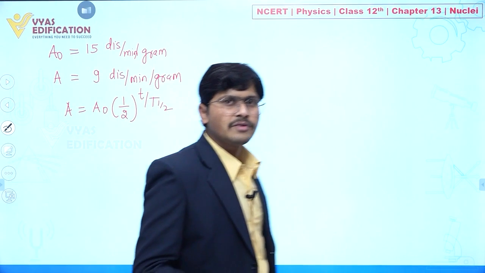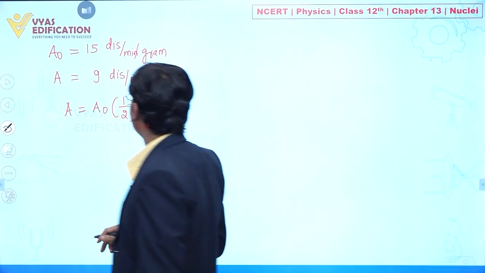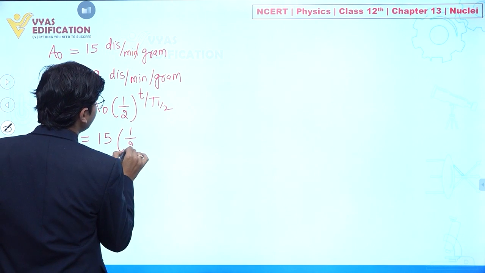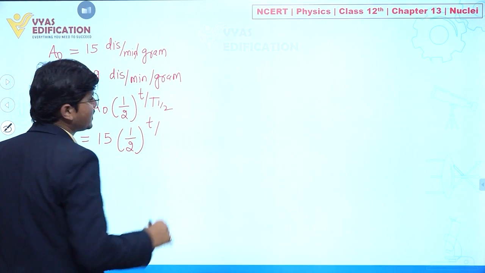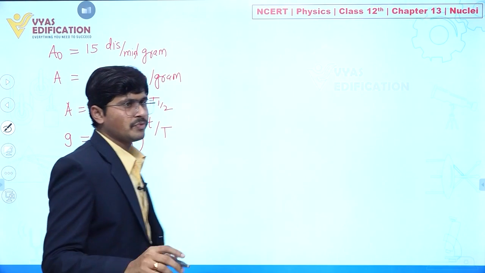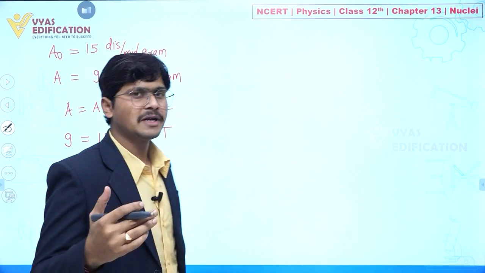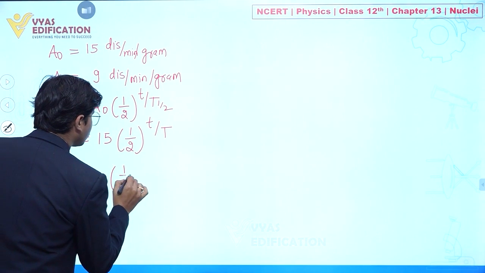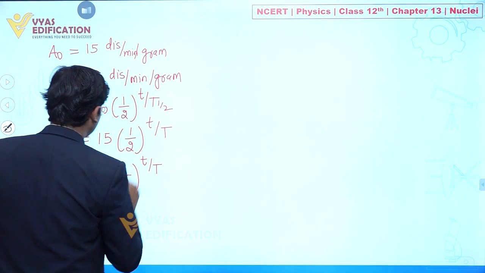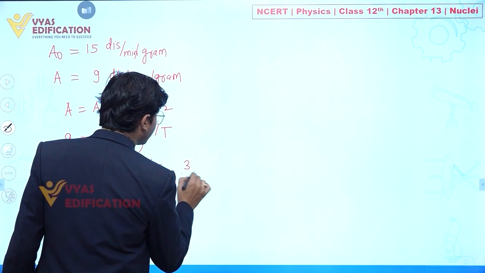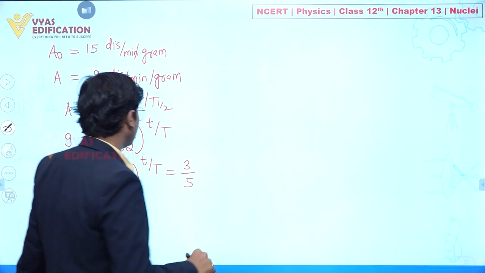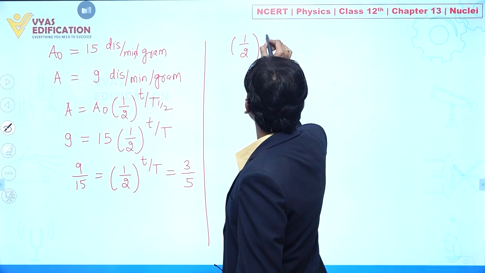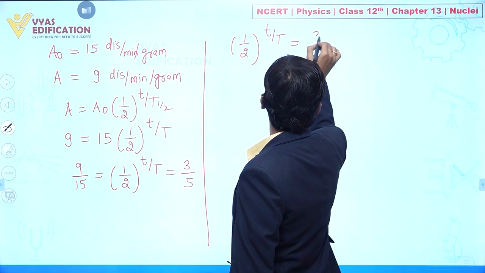So the value of A we have is 9, and this should be equal to 15 times (1 by 2) power T divided by capital T, where I am indicating the half-life by capital T. So 9 by 15 equals (1 by 2) power T by capital T, and this equals 3 by 5. So (1 by 2) power T by capital T equals 3 by 5.